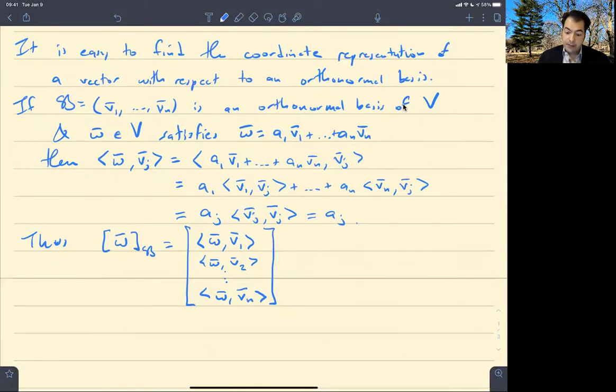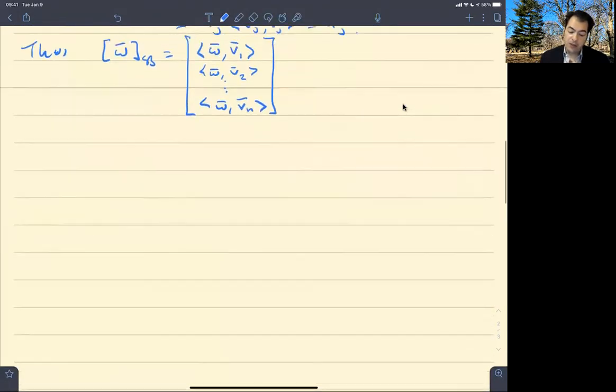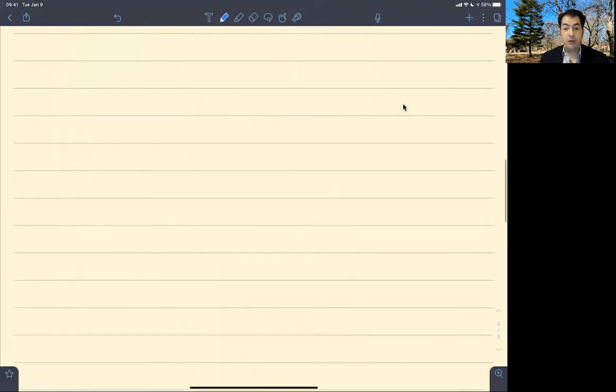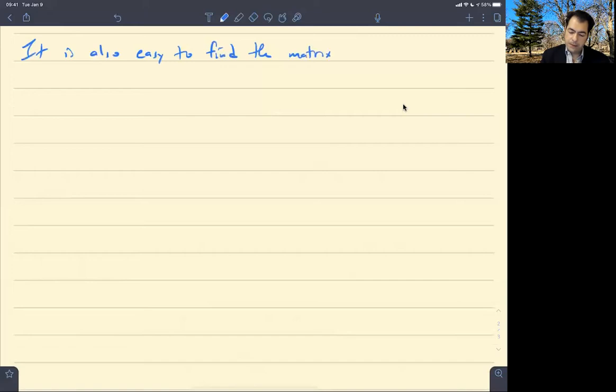Okay, similarly, if you want to find a matrix representing a linear map, it's much easier if you can work with orthonormal bases. So it is also easy to find the matrix representing a linear map if the basis of the codomain is orthonormal.